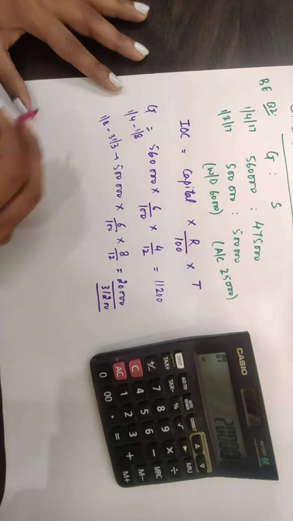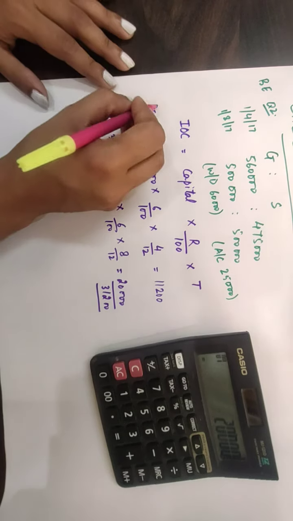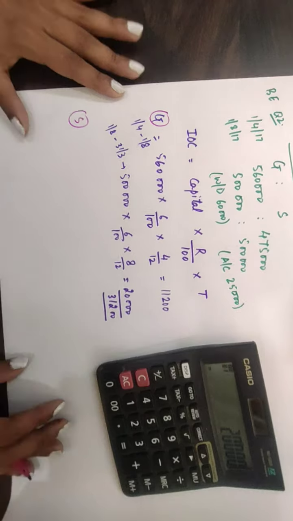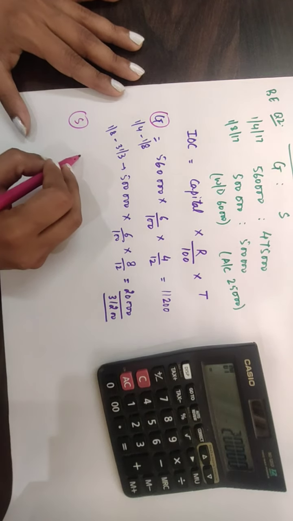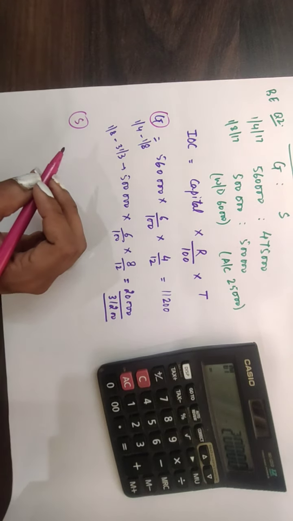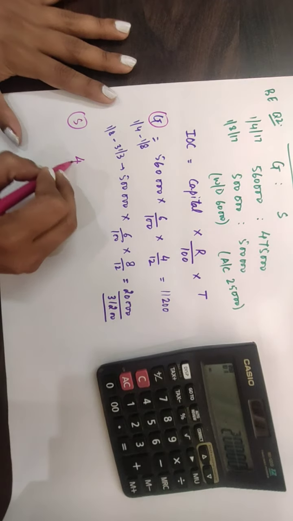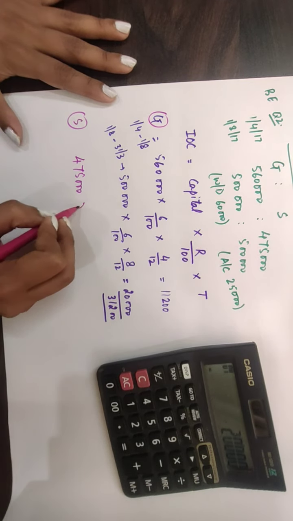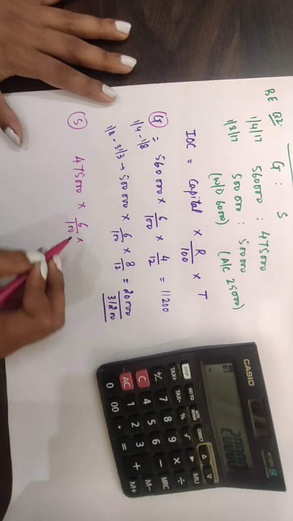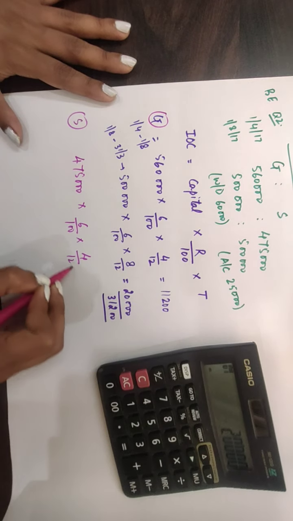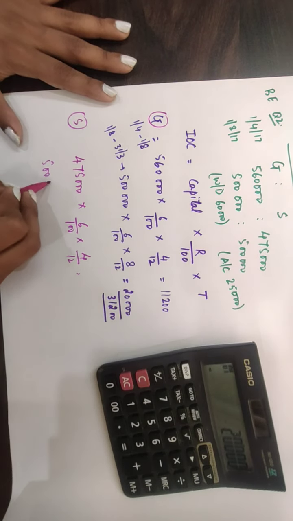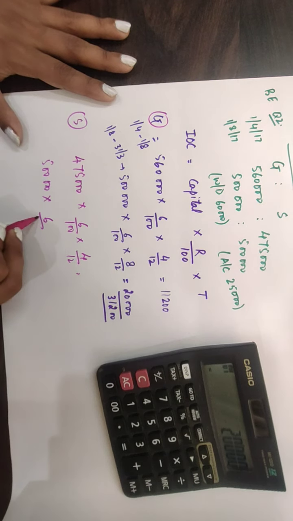Now doing it for Satish. Here it was Girish and now we are doing the same thing for Satish. No need to calculate the months again, right? As you already know that 4,75,000 he has as the previous principal, right? 6%. Again the dates are same, so don't count the months and don't waste your time. And from 475 he has made it to 5 lakhs. So 6% into 8/12.